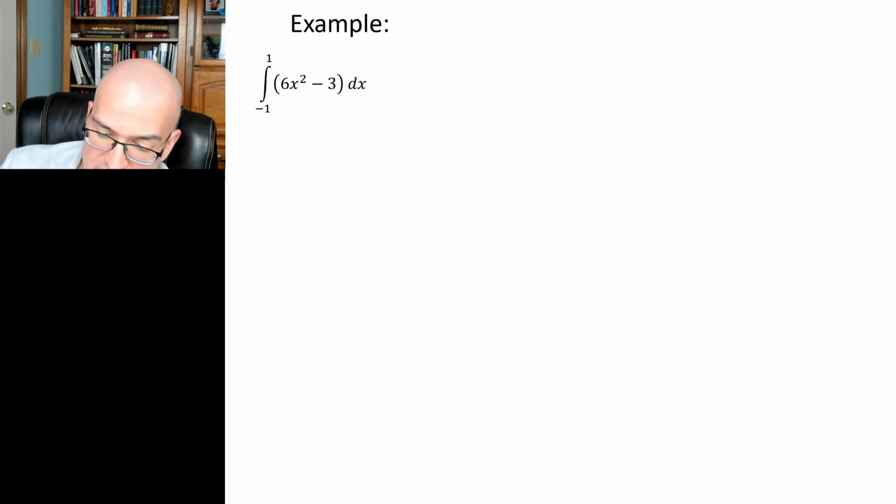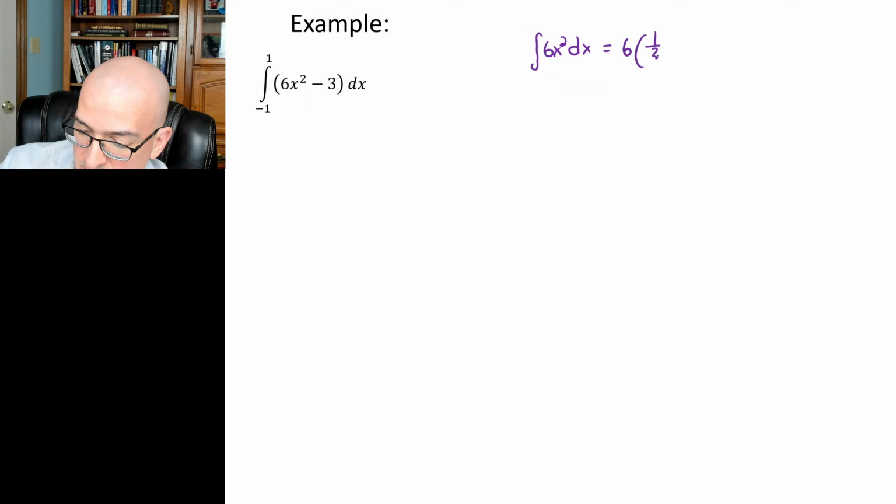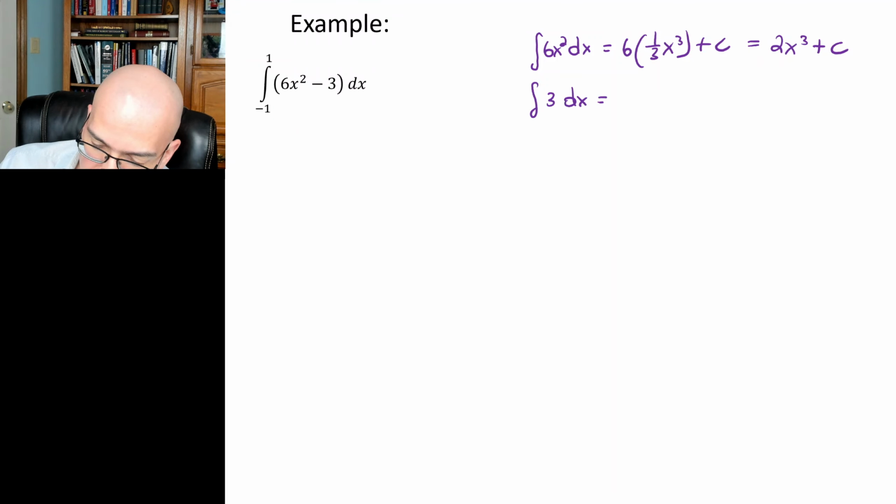So our general antiderivative of 6x squared dx is going to be 6 times 1/3 x to the power of 3 plus c, which is 2x to the power of 3 plus c. Our antiderivative of 3 is 3x plus c.